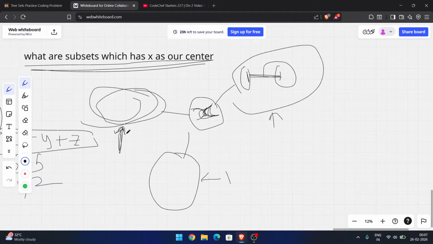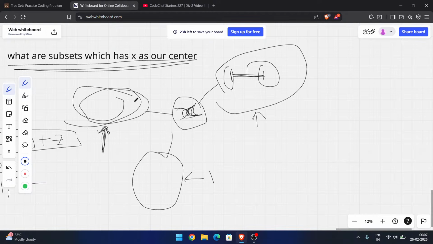This was clear: if I take any one from each, I would definitely get this as an answer, because any path between them would cross this vertex only. So what I was doing was counting this plus one, and plus one.